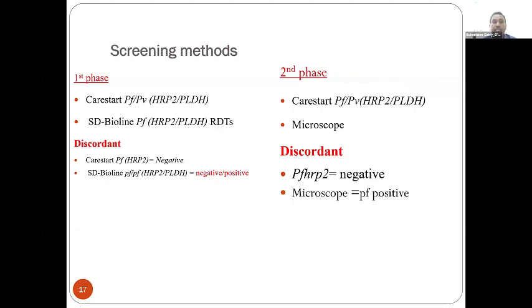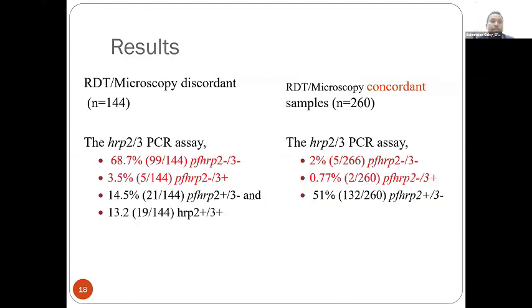But in the second survey, we changed one method, especially in the rapid test. The CareStart was as it is, but due to some specificity and sensitivity issues, we changed the baseline to microscope. We considered discordance as PF-HRP2 negative in the RDT and Plasmodium falciparum positive by microscope.